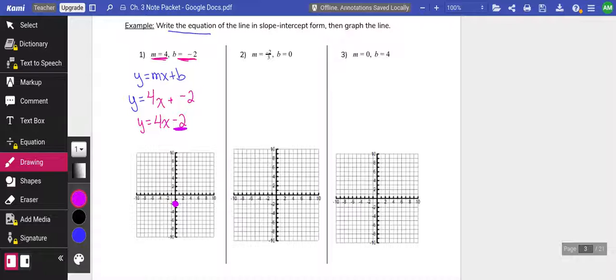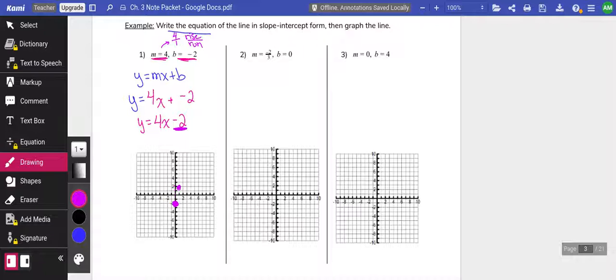And then I'm going to move using my slope. If my slope is 4, that's the same as 4 over 1. So that is my rise over my run. So starting at -2, I'm going to rise or go up 4. 1, 2, 3, 4. And then I'm going to go over to the right 1.